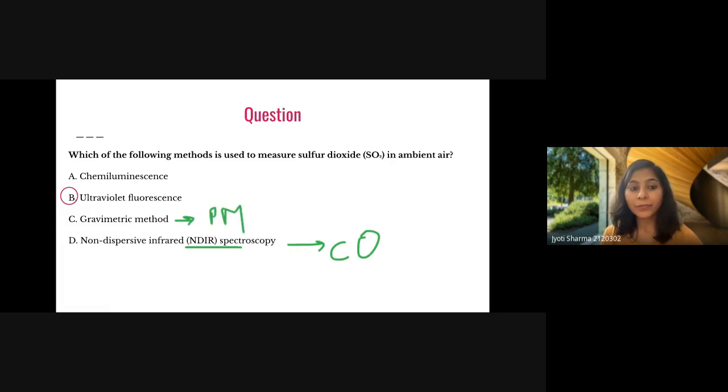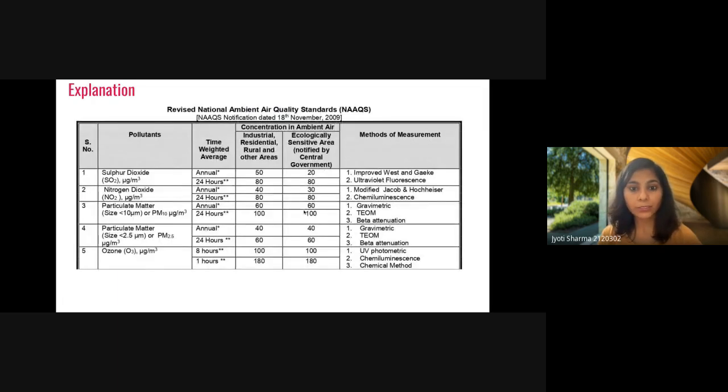Chemiluminescence is to measure NO2. And for ultraviolet fluorescence, we have a particular method, the West and Gaeke method, which I will show you. Along with that, we have an ultraviolet fluorescence method by which we can measure sulfur dioxide in ambient air. So let me show you that particular slide.